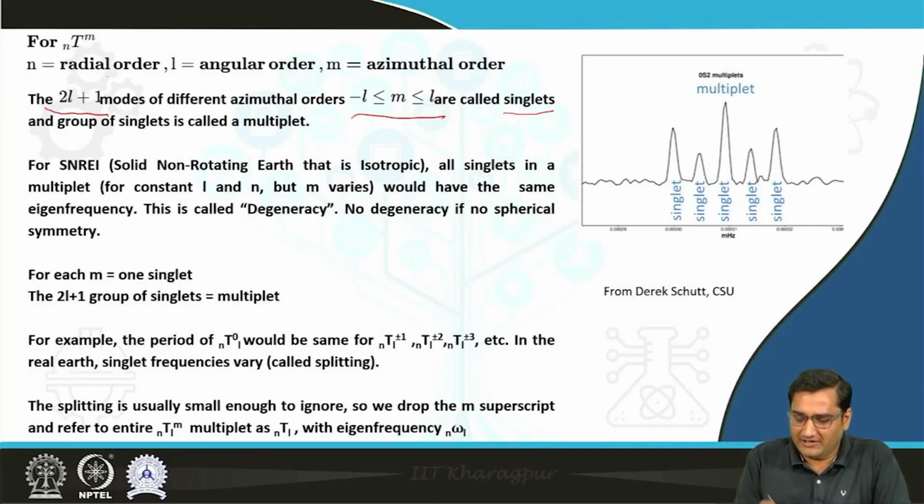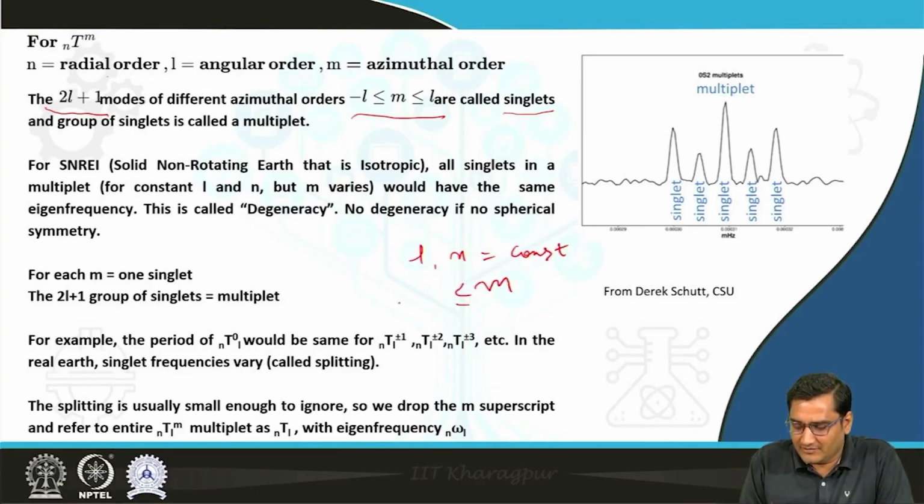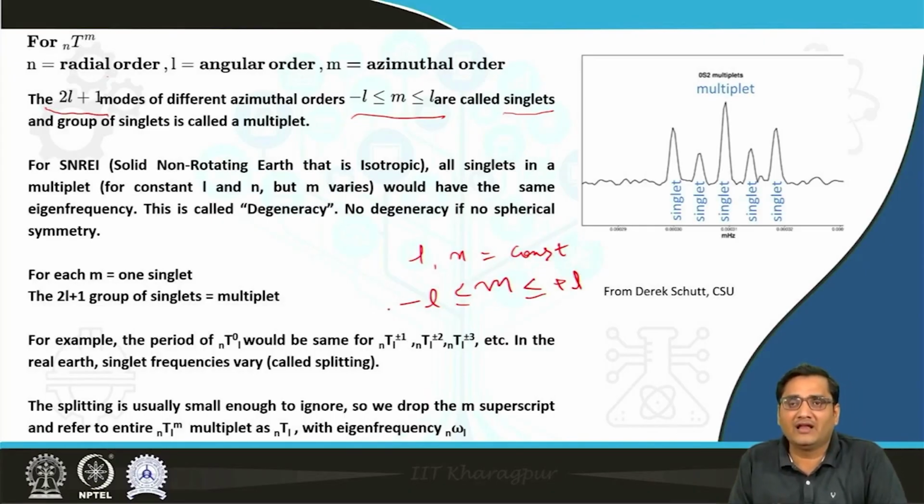That means if you keep L and N values constant and vary M from minus L to plus L, then all the modes associated with these values of N, L and M will have the same eigenfrequencies if the Earth is solid, spherical, non-rotating and also isotropic in nature. This particular property is also known as degeneracy. And if the Earth is not spherical, or not spherically symmetric, then there will be no degeneracy.